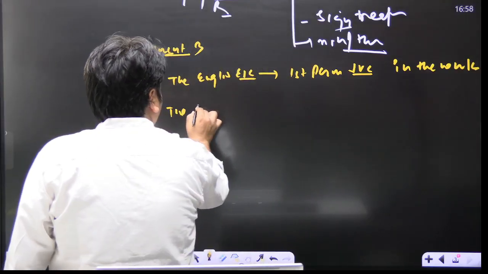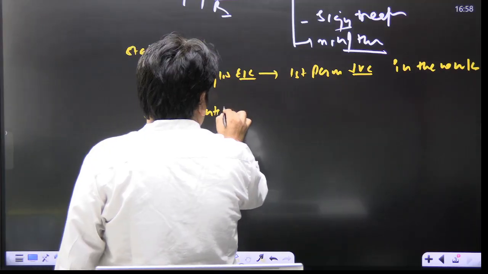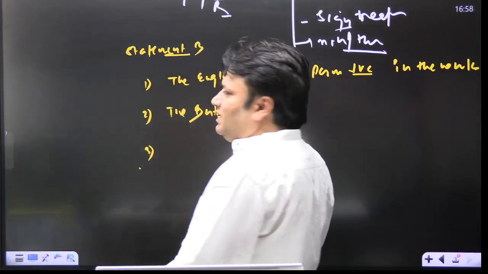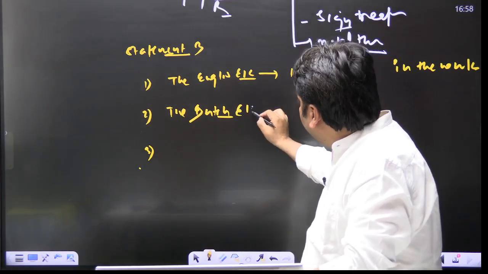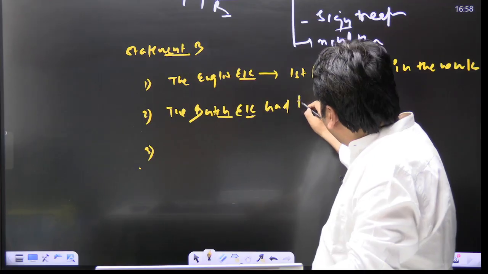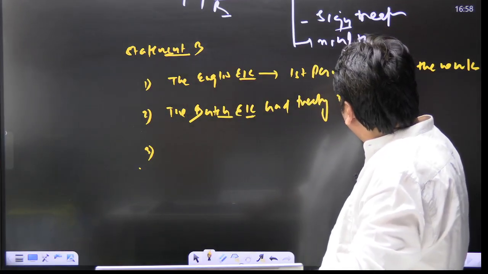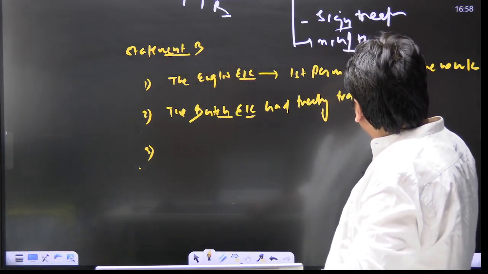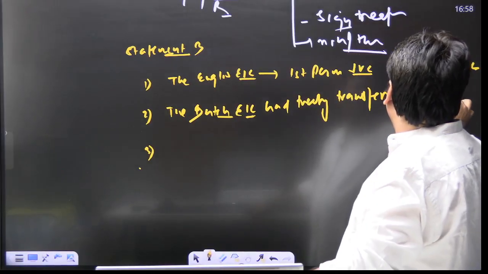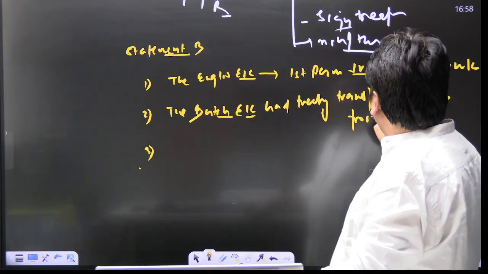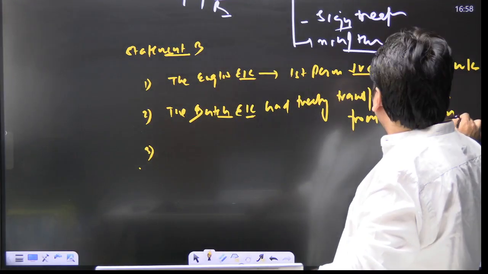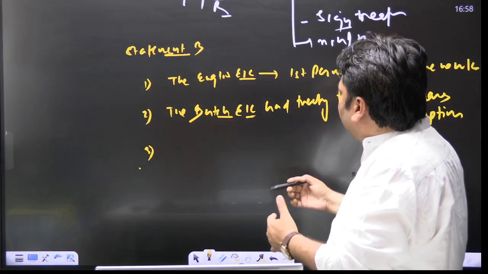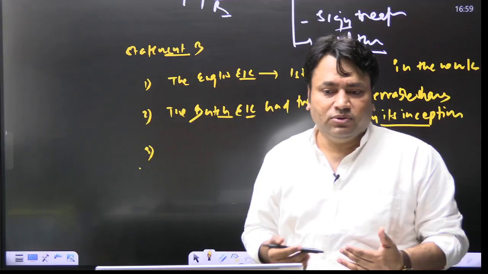The Dutch East India Company had freely transferable shares from its inception. इसका मतलब कंपनी शेयर इशू करती थी, आप परचेस करो, आप उस शेयर को ट्रांसफर कर सकते हो.